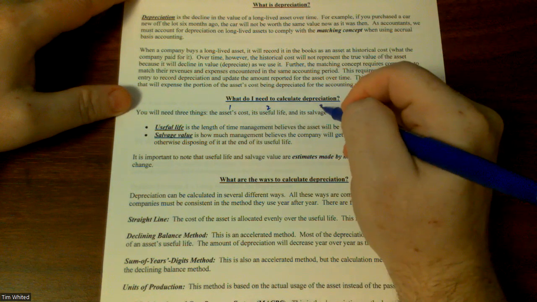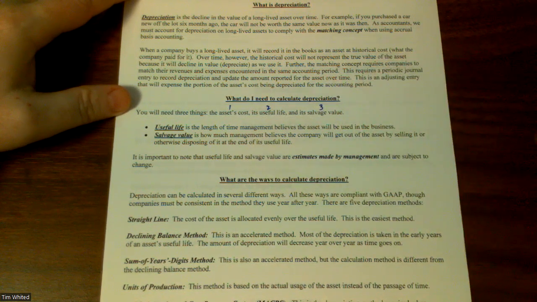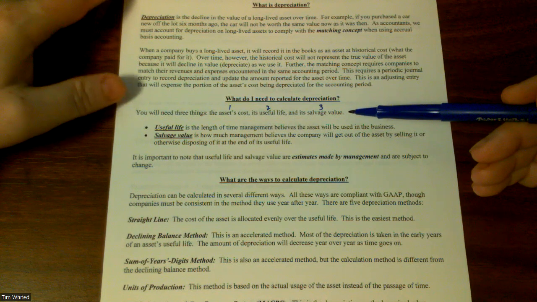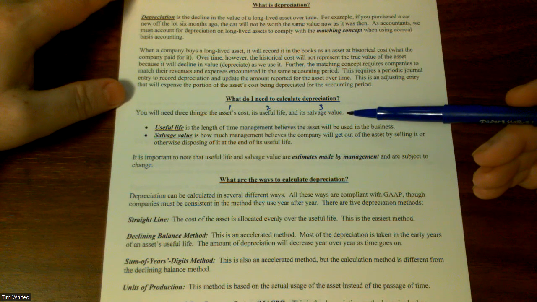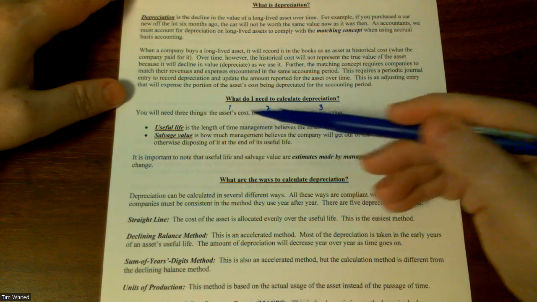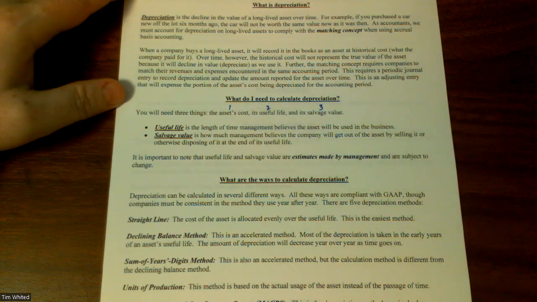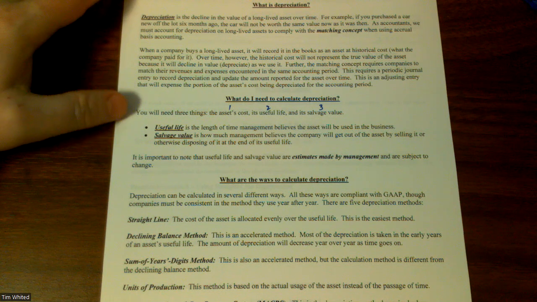And you need to know its salvage value. Now, depending on the resource you look at, sometimes salvage value will be listed as residual value. That's basically the same thing as salvage value. So we need to know all three of these things in order to be able to calculate depreciation.